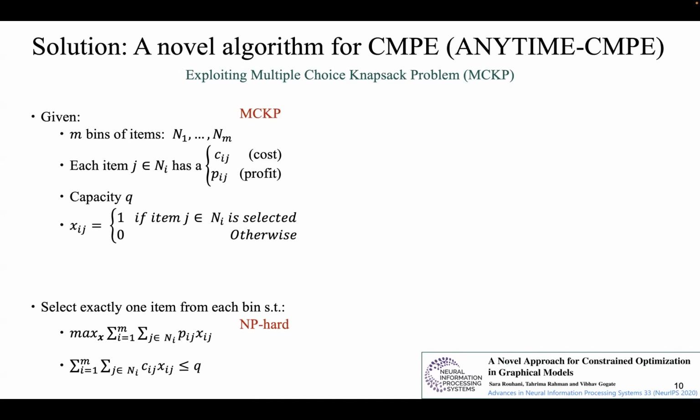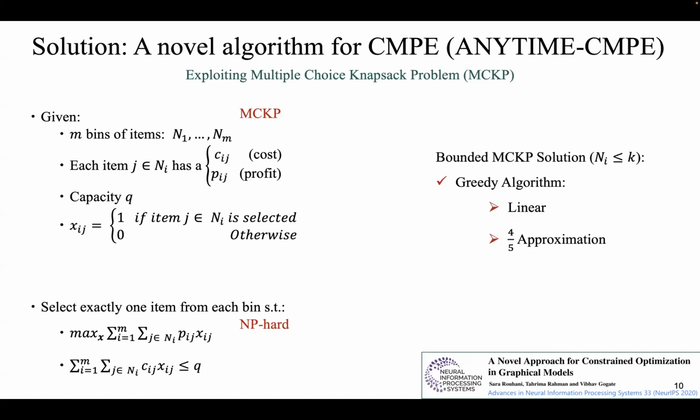But if the costs and profits are integers, then this problem is only weakly NP hard and can be solved in pseudo-polynomial time. In our work, we used a greedy algorithm to solve it, which is linear in the number of items. And the good news about this greedy algorithm is that it has a 4/5 approximation guarantee.